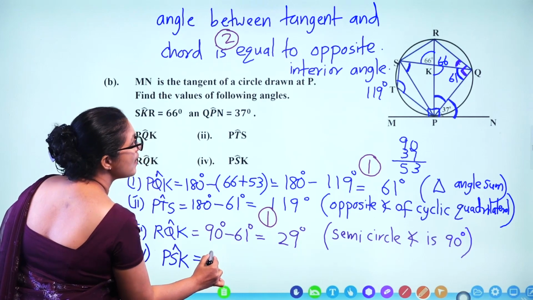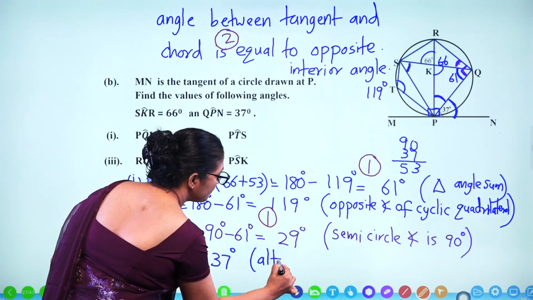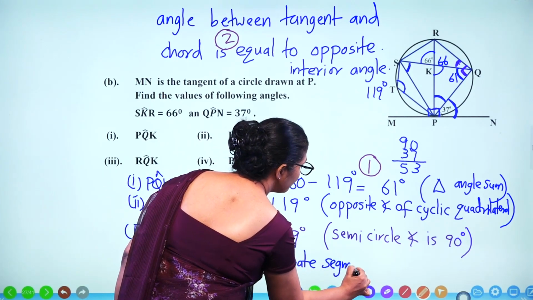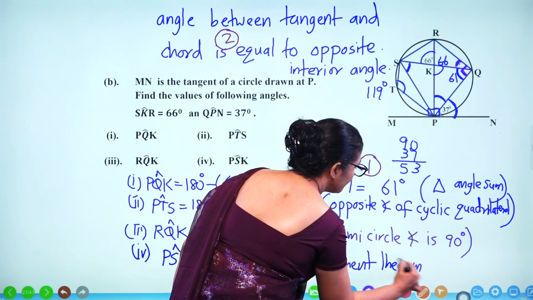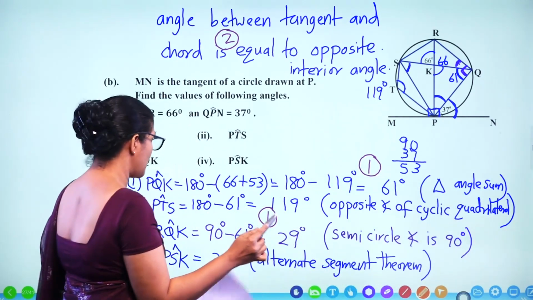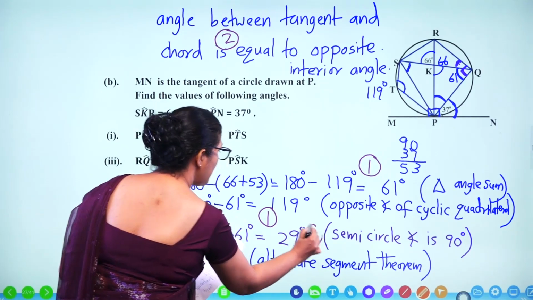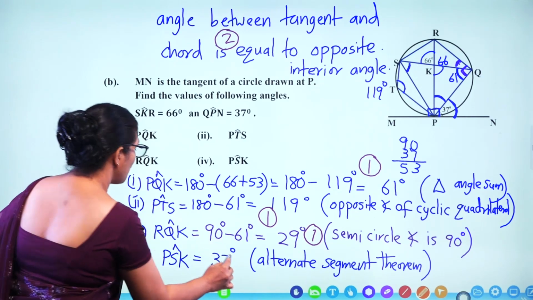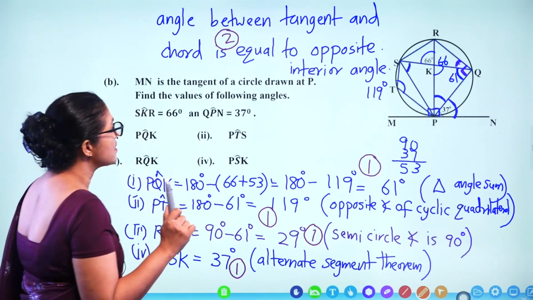PSK is straight away 37. So 1 mark for this, 29, and 37, another 1 mark. So we gave 4 marks and 2, altogether 6 marks.